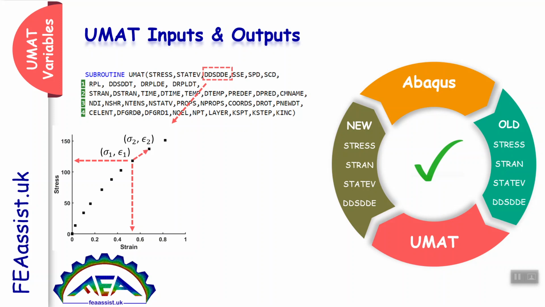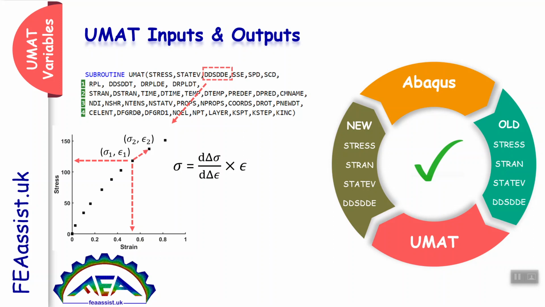How can you do that? The first thing that comes to mind is that you have the slope of the diagram. If you have the slope of delta stress with respect to delta strain, then you can linearly solve this problem and predict the stress at each point.